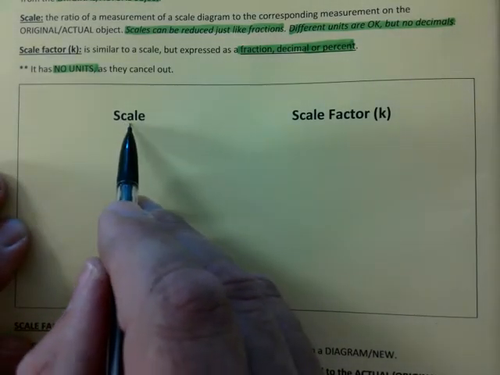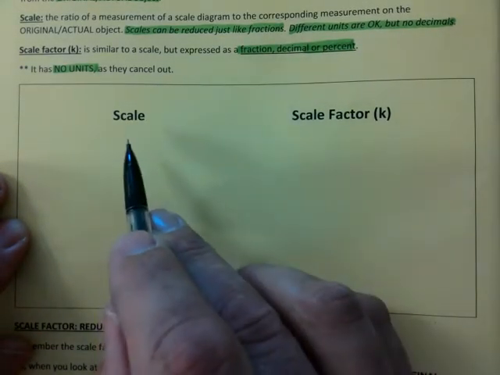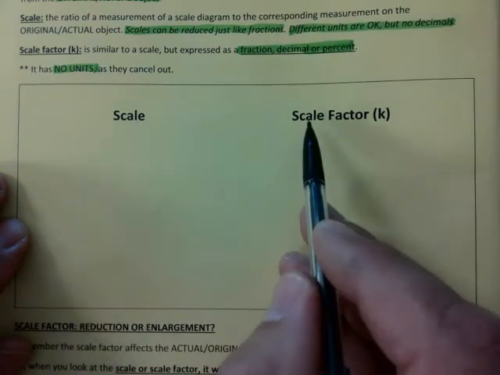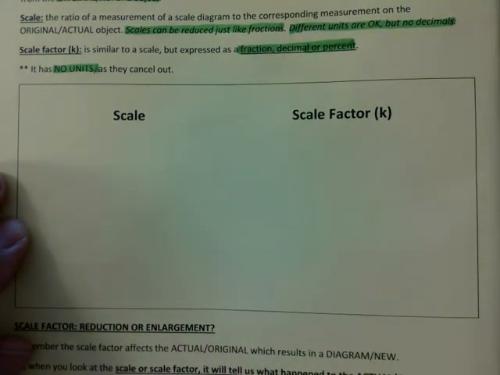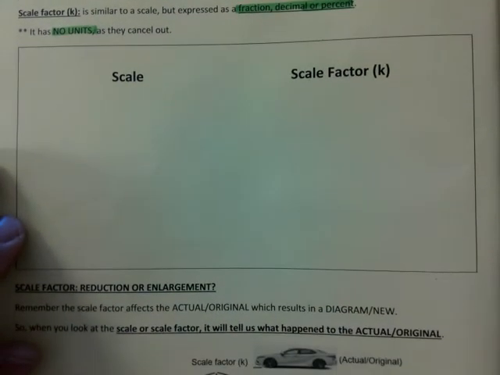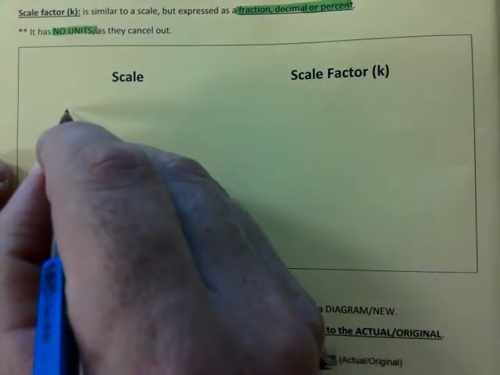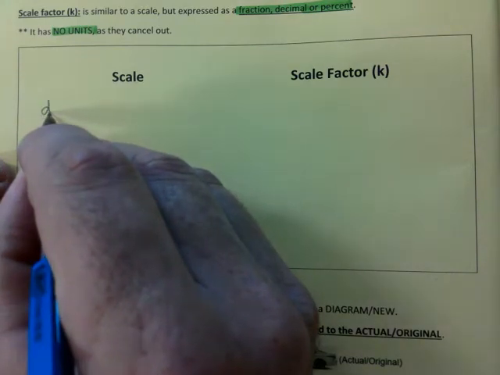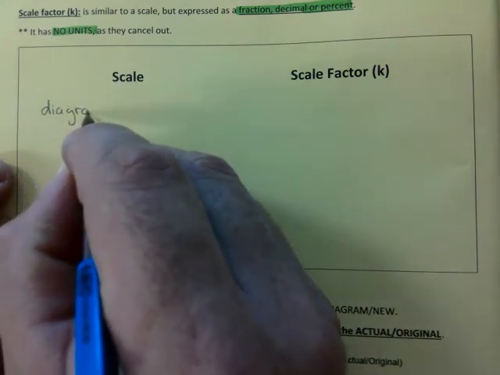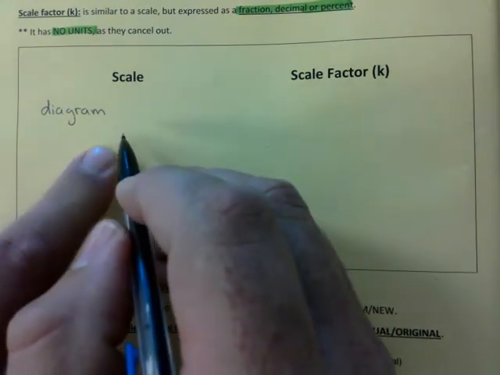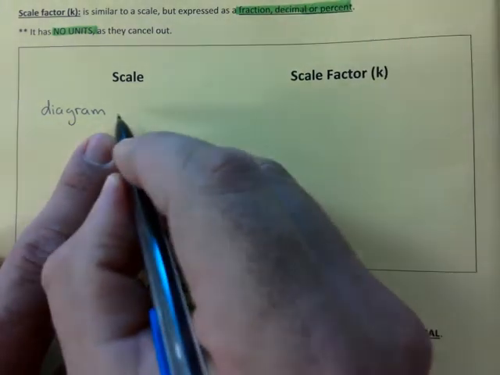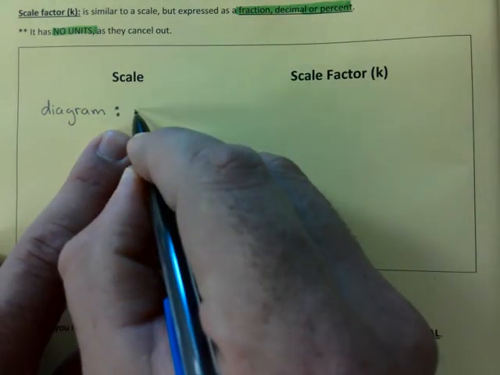So I want you to see them side by side because they are related. The scale and scale factor, obviously the word scale appears in both of them, so they are related, but there are some differences there that you need to make sure you account for. So a scale is written like this. We usually have diagram, right? There's the measurement of the diagram compared to the actual.